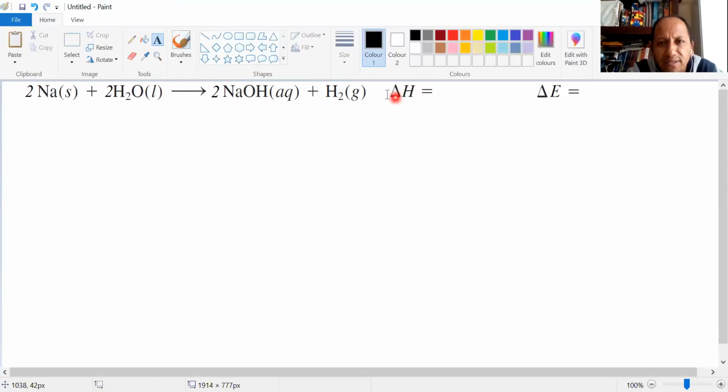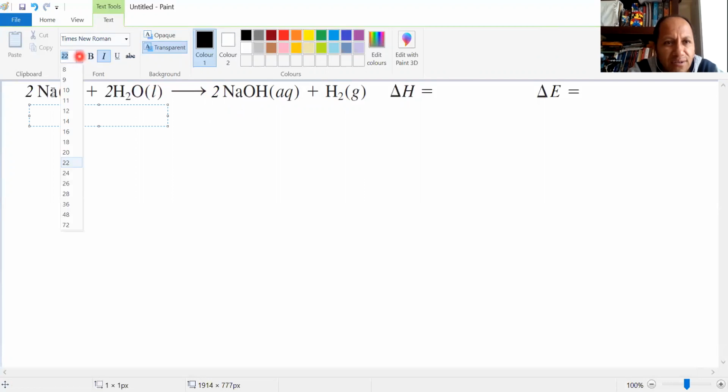So finding this enthalpy is pretty easy, because the only thing you need to do is find delta, okay? For doing so, you will need to type this symbol. Let me find it on the internet, the symbol for delta.